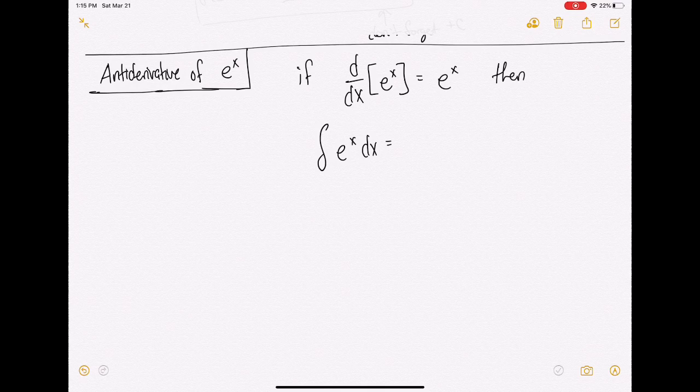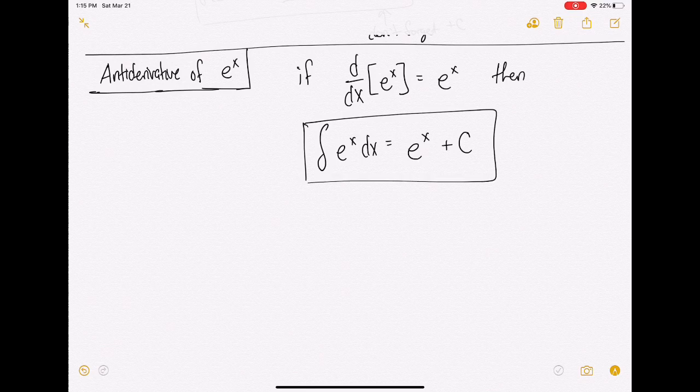Discuss it with your friends. Oh, I'm sorry, are you all alone? Sorry, never mind then. It's e to the x plus c. So that's not too hard, right? The antiderivative of e to the x should be the same just because the derivative was the same.